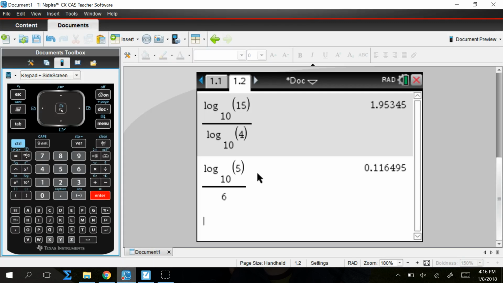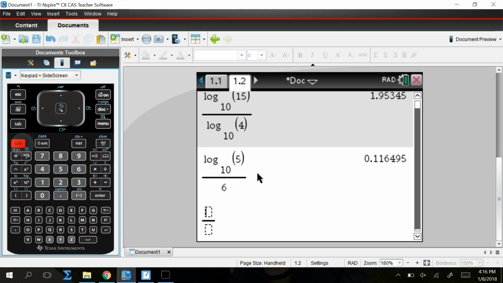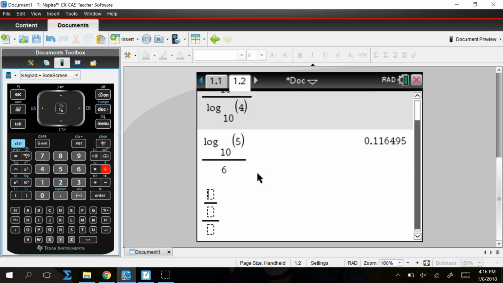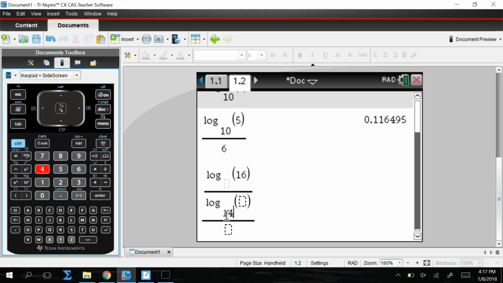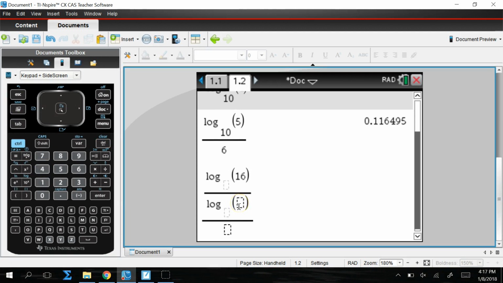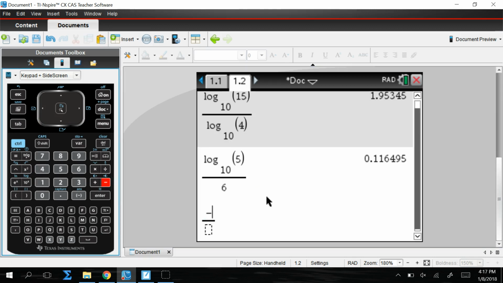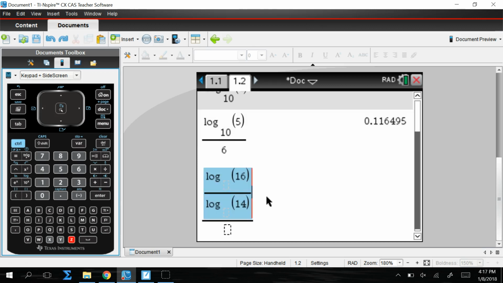So let's first do a fraction, and that fraction is going to be the log of 16 divided by the log of 14. Then I'm going to subtract 8, and then I'm going to divide that by 9.